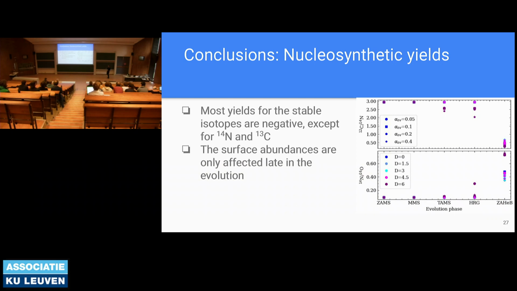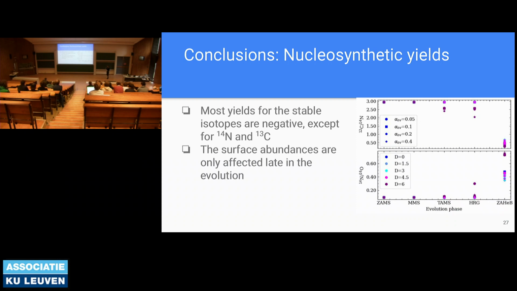This is at the main sequence, halfway the main sequence, end of the main sequence, on the Hertzsprung gap, and when we start helium burning. And you can see that only for most mixing we get a slight difference here at the Hertzsprung gap, and the big difference appears at the onset of helium burning, but this is not due to mixing, this is due to the mass loss, and we actually start seeing the inside of the star.